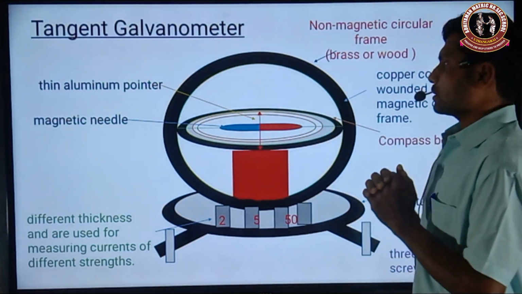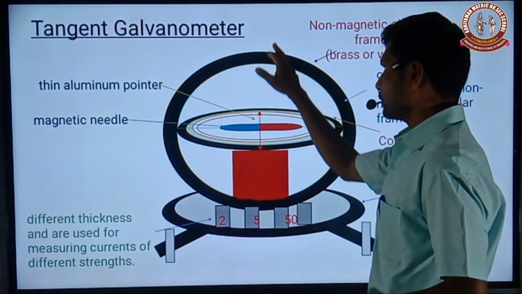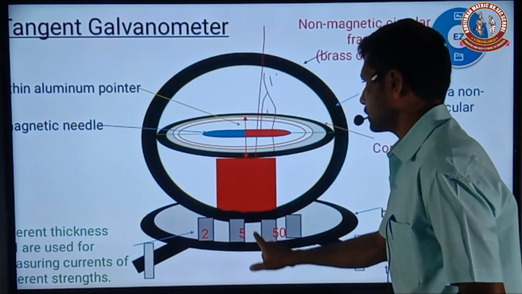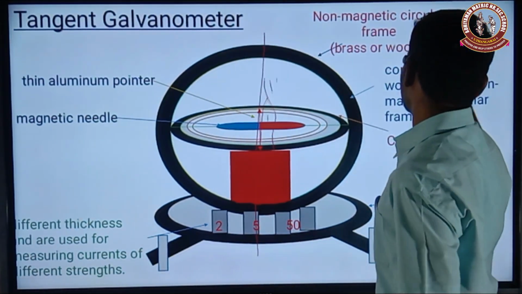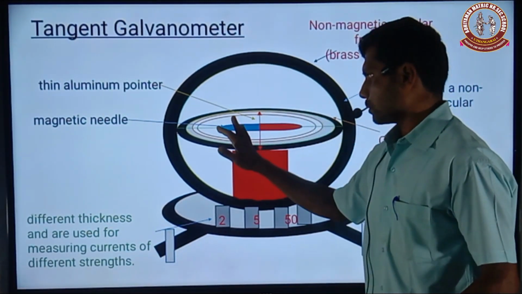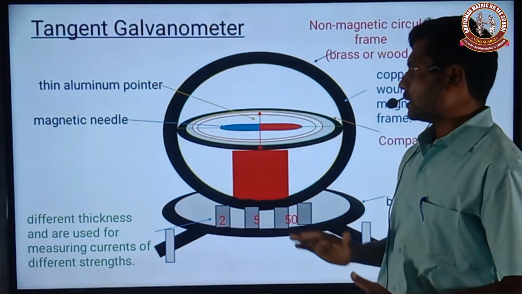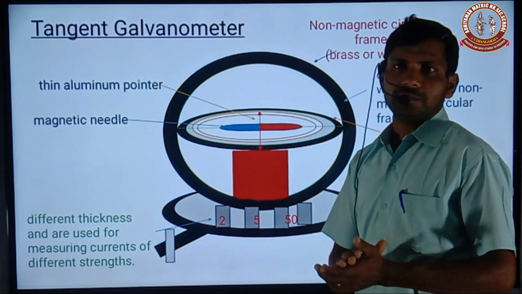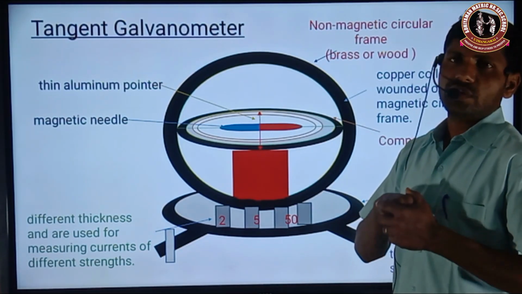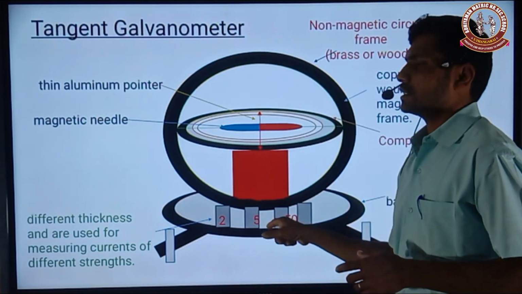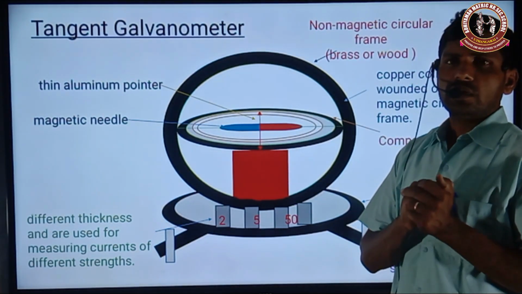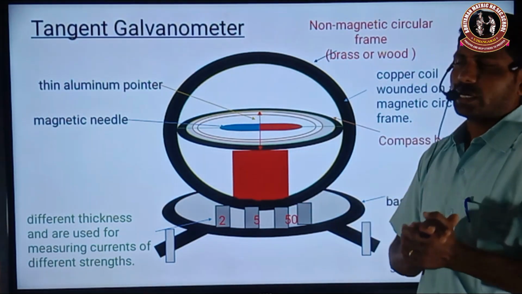The vertical coil is rotated about its vertical axis, which lies in the magnetic meridian, so that the small magnetic needle is exactly parallel to the plane of the coil. This is adjusted before the start of the experiment.